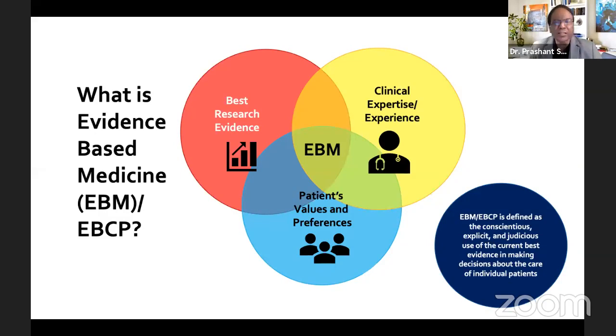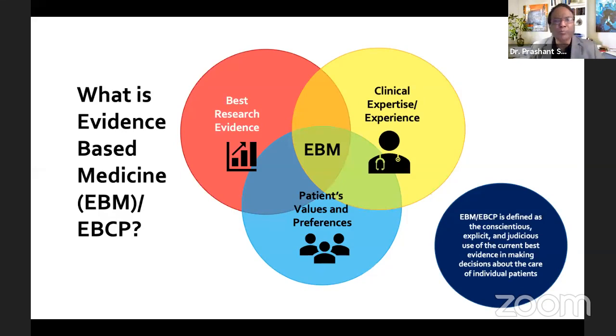And the level and the quality of evidence that they produce varies. So two studies cannot be treated as similar or equal to each other. So the evidence generated by observational studies cannot be considered similar to evidence generated from a randomized controlled trial.